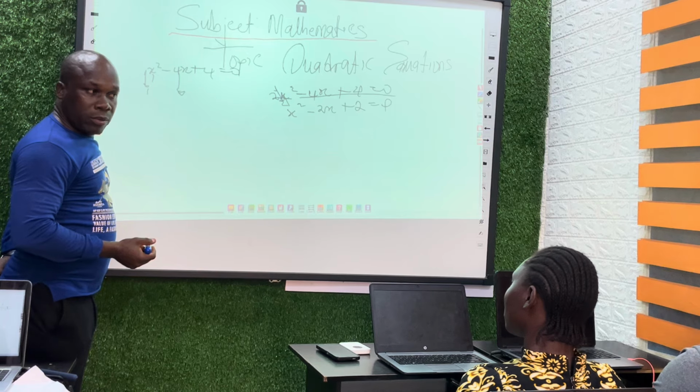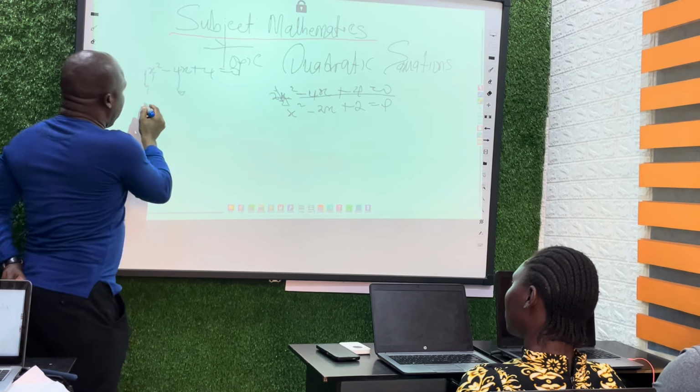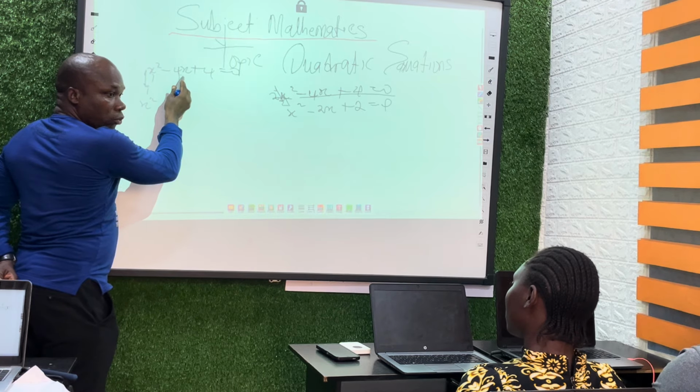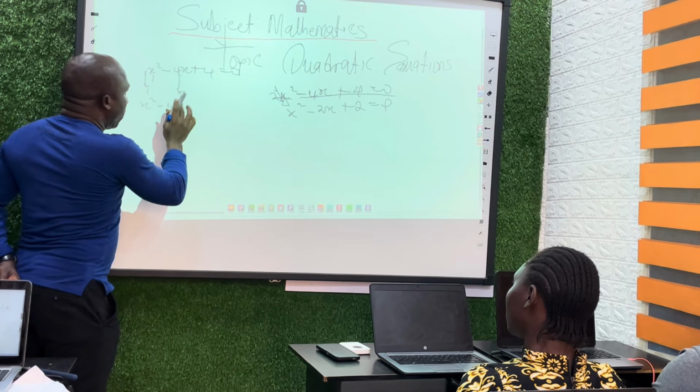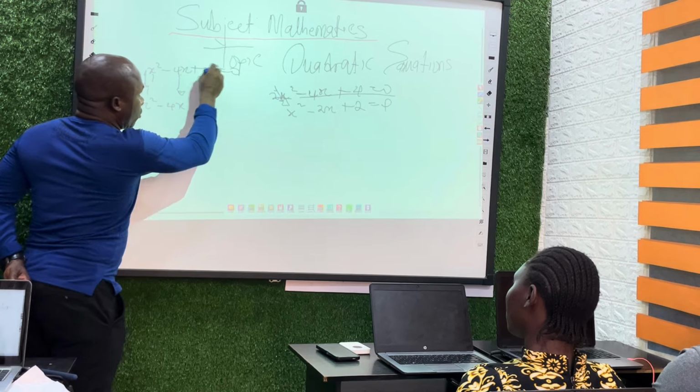Are you okay? If you are not getting me, ask questions. So you now have x squared minus 4x. Okay, let me not confuse you guys. You have this plus 4. I want to take it over here.